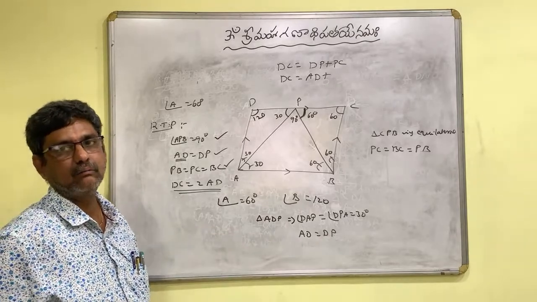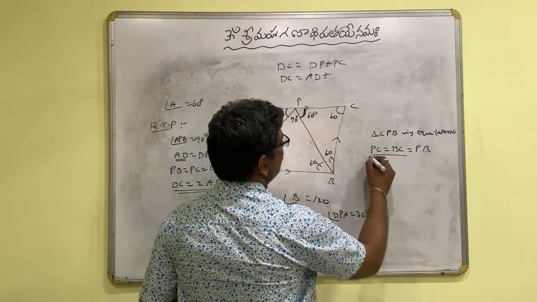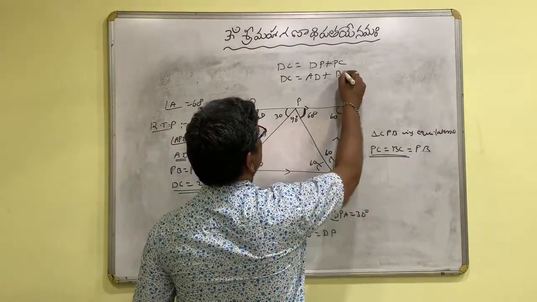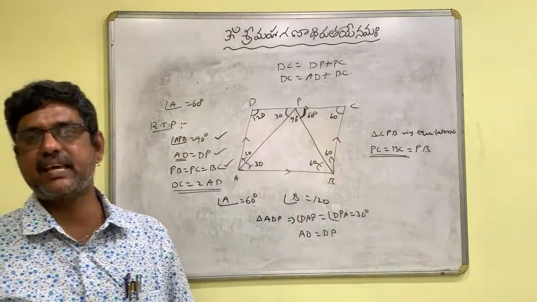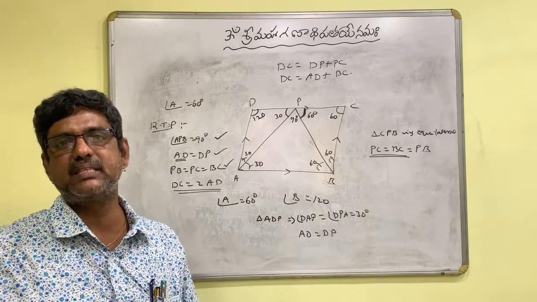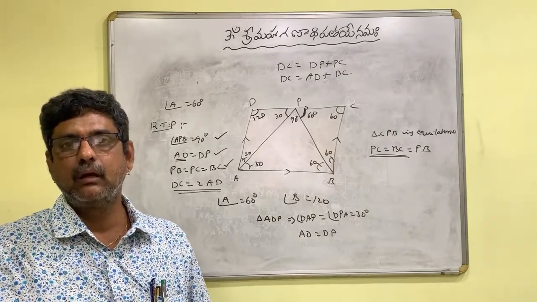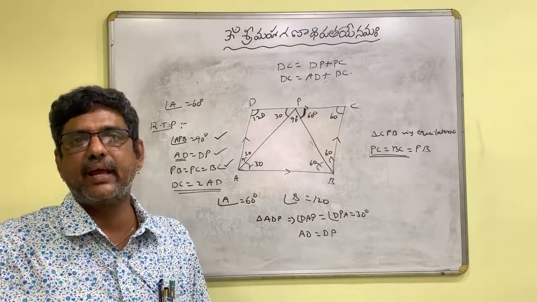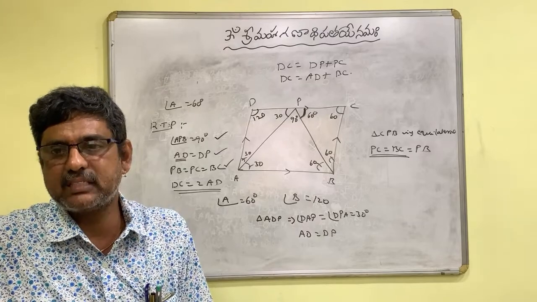Okay. Now, in the place of PC, I can insert BC. Now, it becomes DC is equal to AD plus BC.